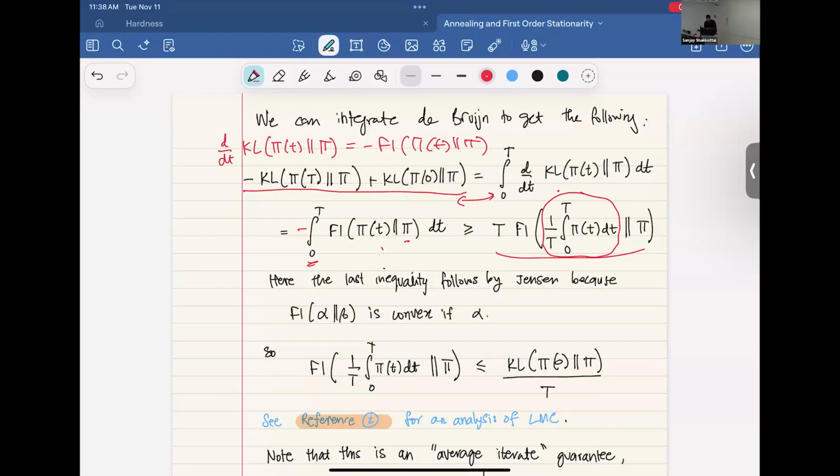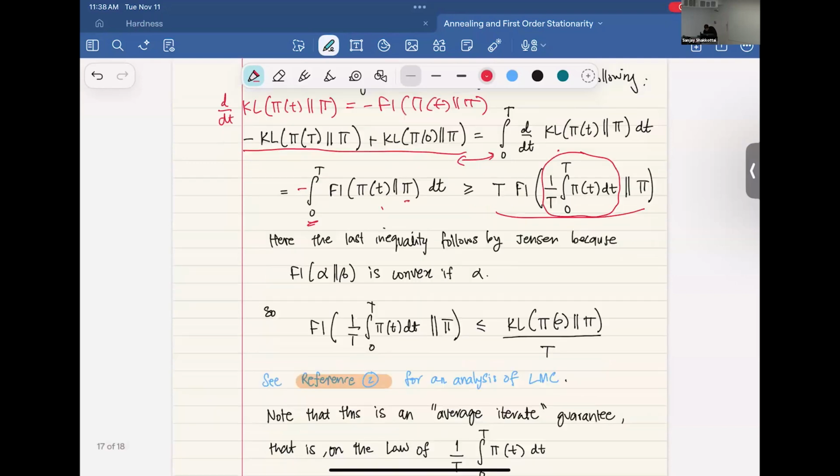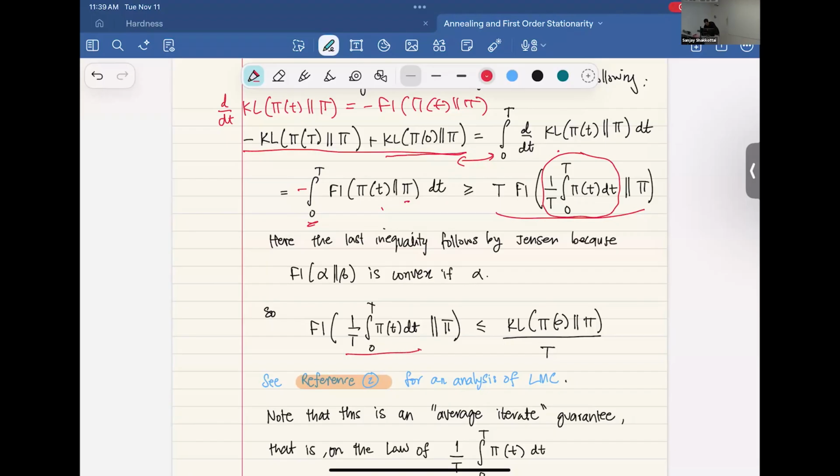And on the left-hand side I have a difference in KL distances, right? So overall, if I initialize correctly, so if KL of pi 0 to pi is 0, like this is the initialization, then what this is saying is that the Fisher divergence of the average iterate, where pi of t at any time t is the law of the t iterate, is that the law of the average iterate is close to pi polynomially fast.